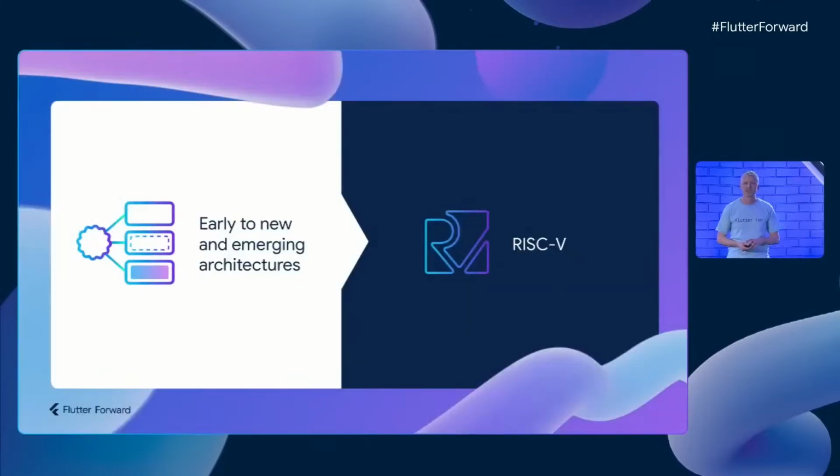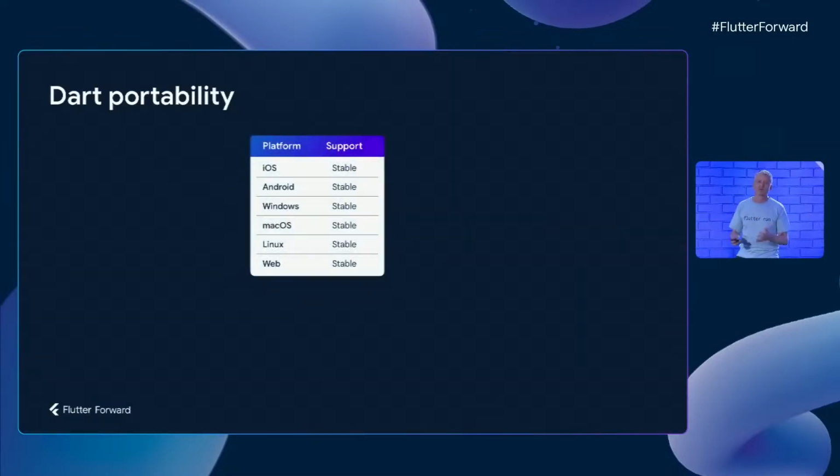All right, let's get to my third and last theme, portability. And again, this is all about enabling you to deliver apps to all the platforms your customers care about. Dart's high portability has already enabled Flutter apps to target the 5 major operating systems and the web.